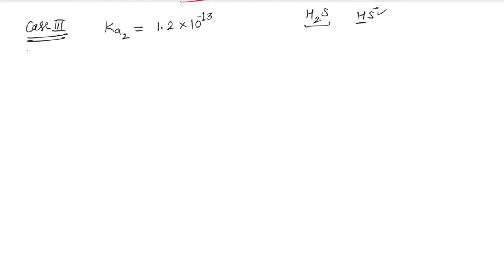So case 3 is the calculation of S2 negative ions in the absence of HCl.